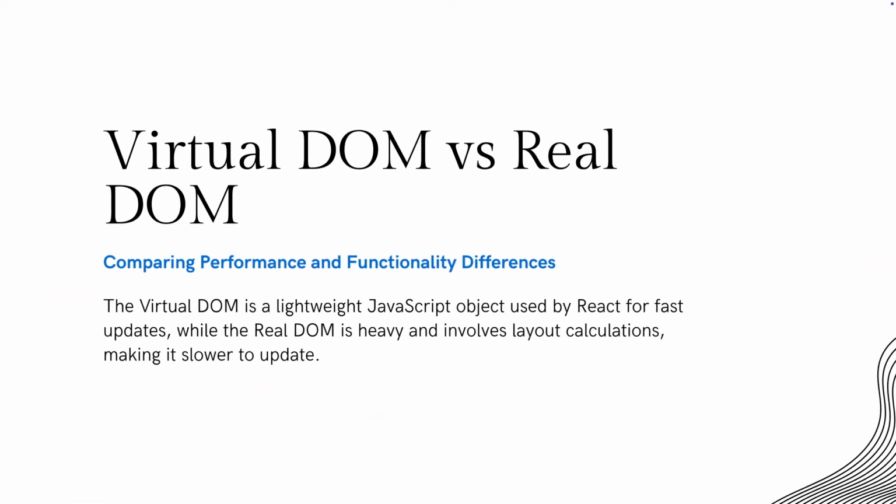Now let's compare virtual DOM and real DOM. Virtual DOM is lightweight and fast. Real DOM is heavy and slow. Virtual DOM is used by React. Real DOM is handled by the browser. React uses virtual DOM to work efficiently with the browser.